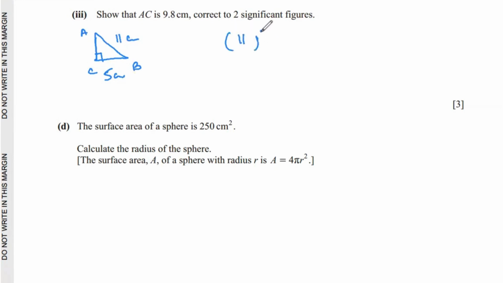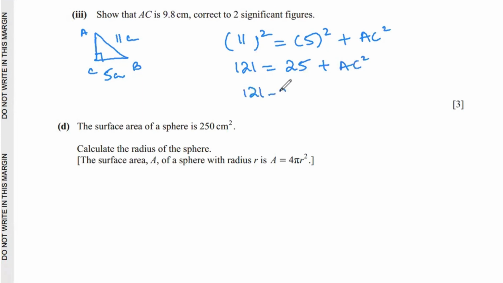Hypotenuse squared equals opposite squared plus adjacent squared. So 121 equals 25 plus AC squared. 121 minus 25, then we square root that to find AC, and that gives us a value of 9.8 centimeters for AC, which is correct to two significant figures.